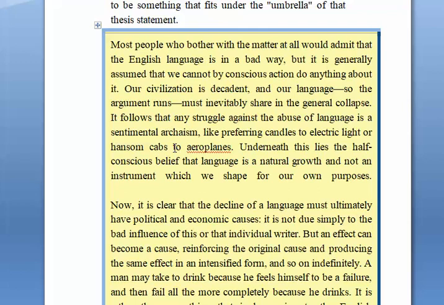Most people who bother with the matter at all would admit that the English language is in a bad way. But it is generally assumed that we cannot, by conscious action, do anything about it.